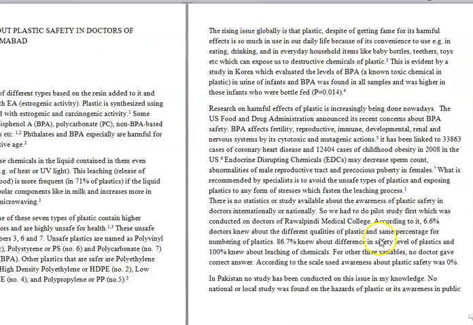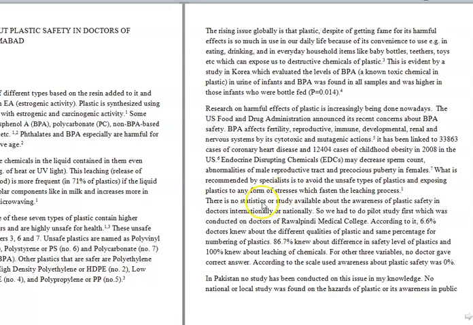Okay, so these 2 paragraphs are also on literature review, and I have ended my introduction with this 1 paragraph of rationale. In rationale we have to tell what we have to do in our study and why we are doing it. So I've started it like this. In Pakistan, no study has been conducted on this issue to my knowledge.